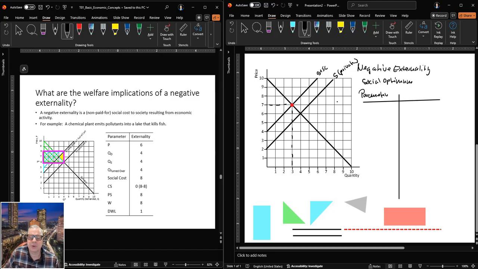In other words, the problem with an externality is that we produce too much of a bad thing and we sell it at a price too low. So the true market equilibrium price should be 7, and the equilibrium quantity should be 3.